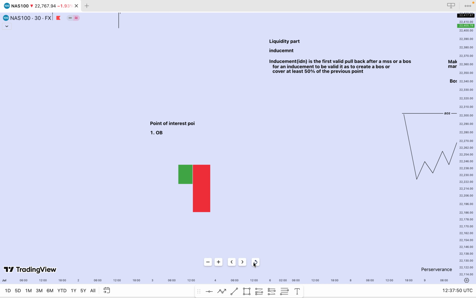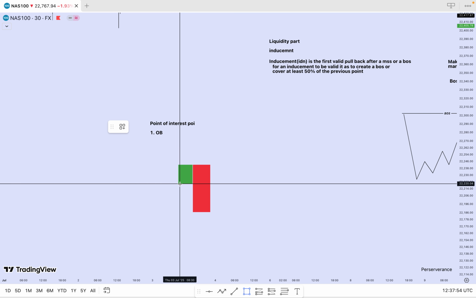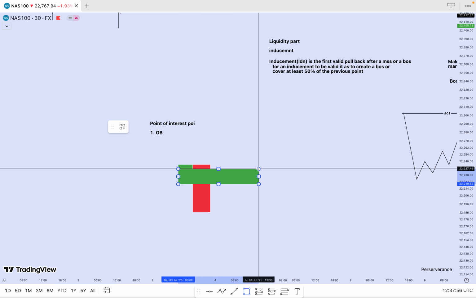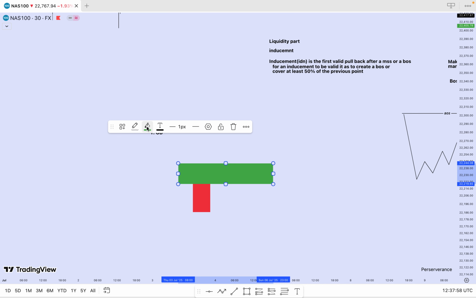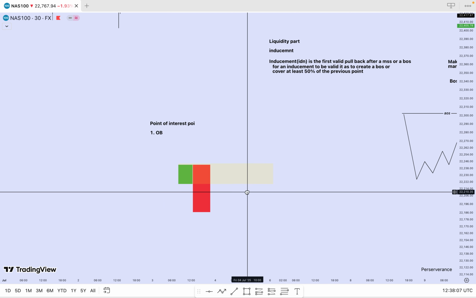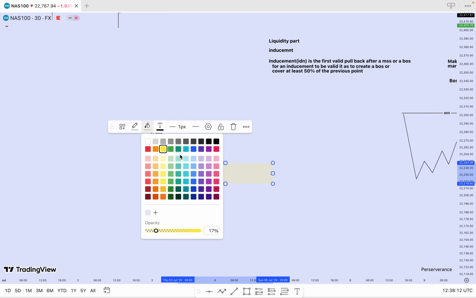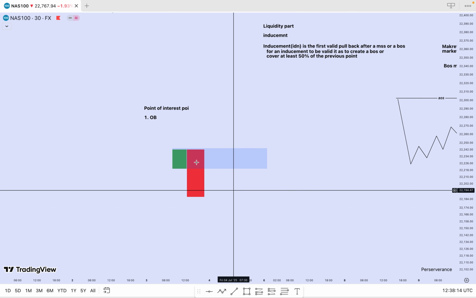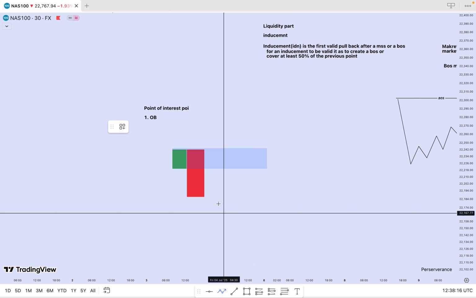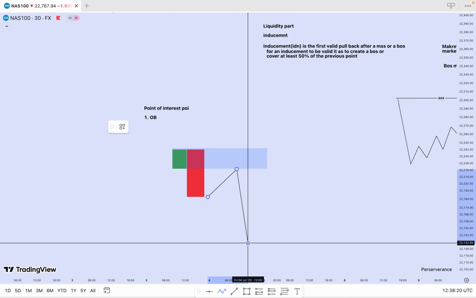Now, if you want to mark the candle, you mark it from the demarcation, this point coming like this. You mark it from this point, and then you are looking forward to sell the market, right?